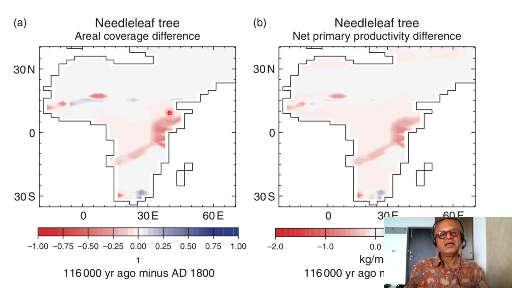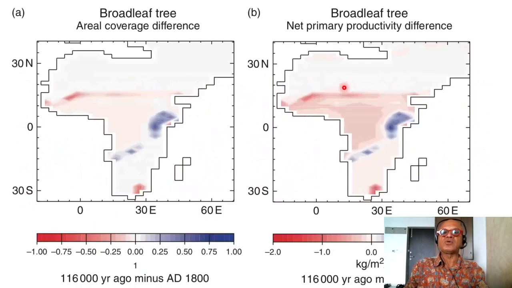So you can see that there is a speciation happening where one species is almost completely replacing the other, but there are competitions in other places, and obviously correspondingly there are primary productivity differences, significant decreases, and that's a much larger area compared to broadleaf.